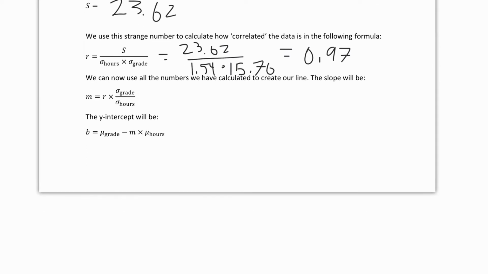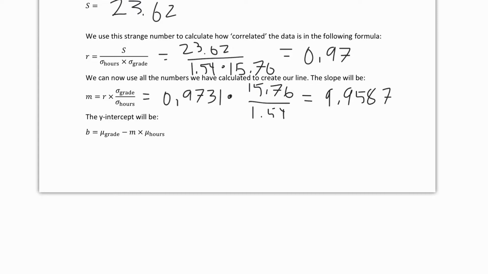Now, we can also calculate M and B. These come from, again, formulas. So we do 0.9731, I'll use a few more decimal places for this portion, times our standard deviation for grade, which we look up as 15.76, divide by 1.54, and we get 9.9587.